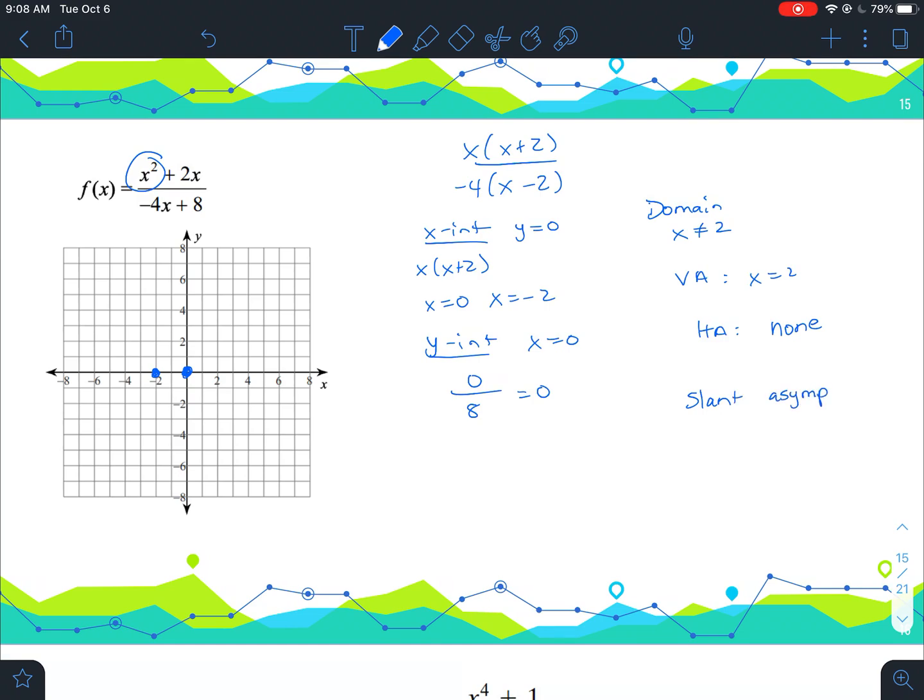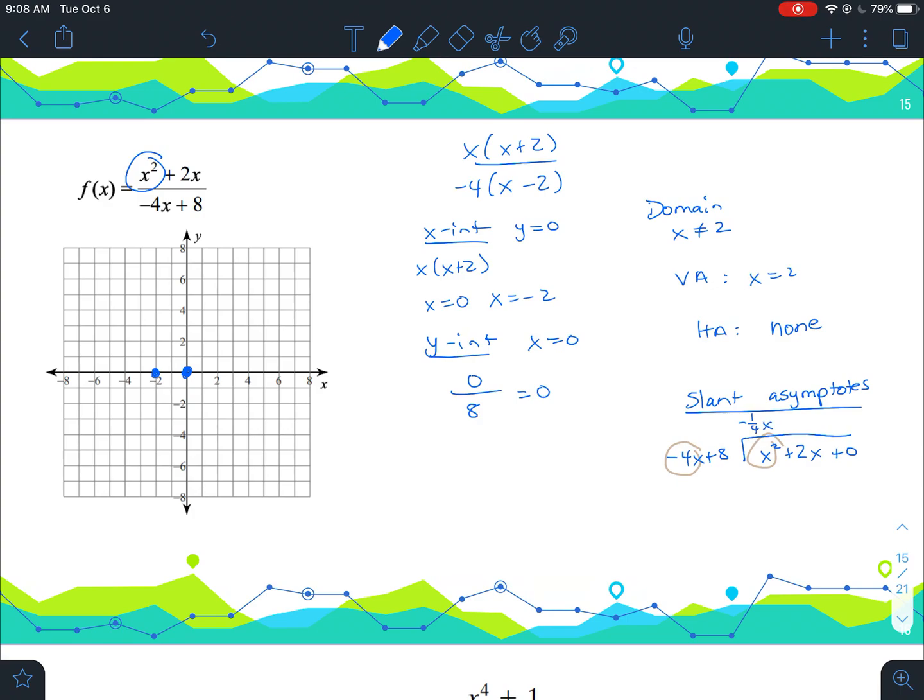So we're good. So now I have to make the slant asymptotes. To find a slant asymptote, we're going to have to do some long division. We're going to take x squared plus 2x plus 0, and divide that by negative 4x plus 8. So negative 4x times what is x squared?